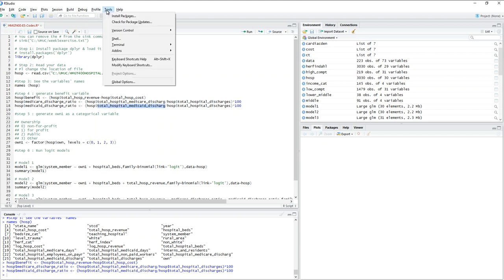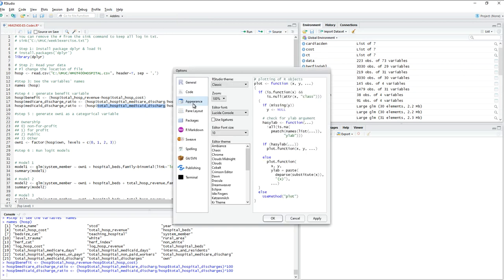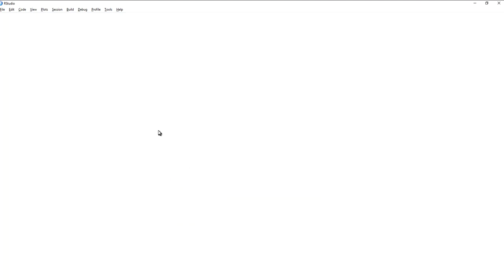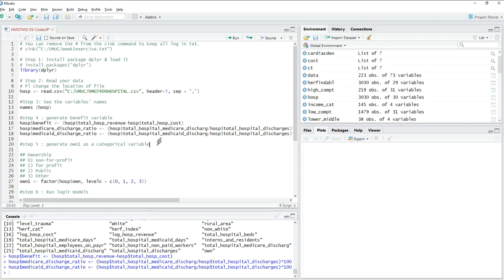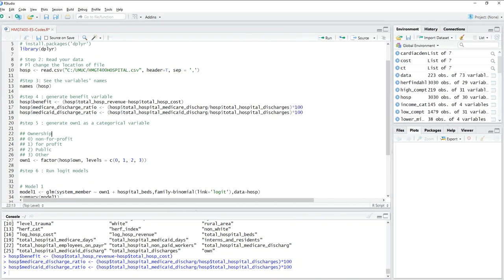Let me give you a bigger font so you can see better. Okay, this is better. This is Medicare and this is Medicaid. Make sure to fix that.